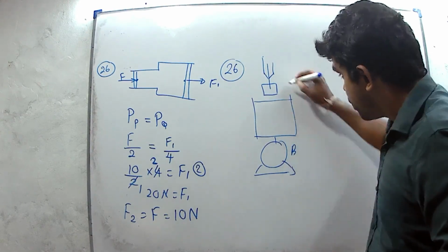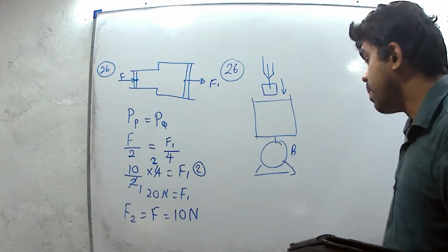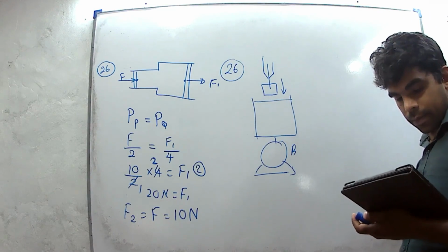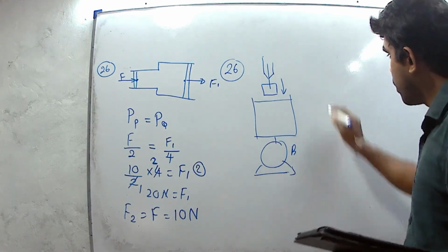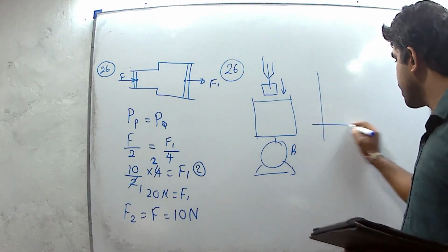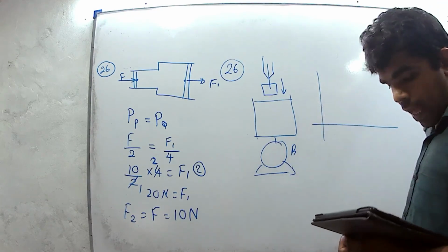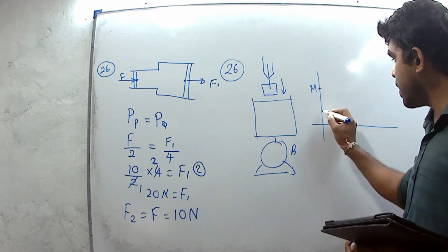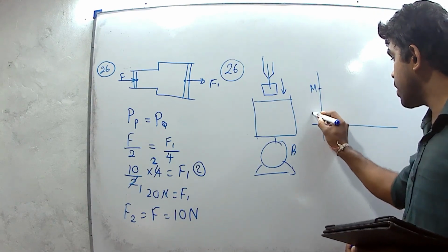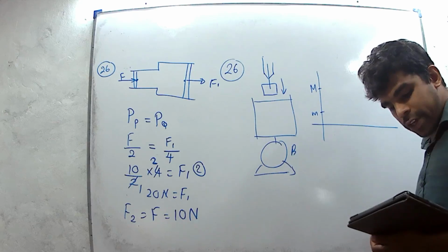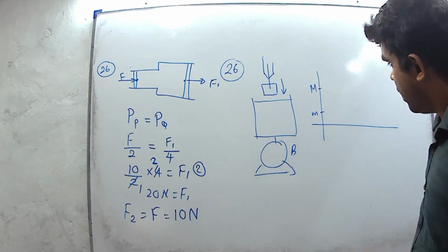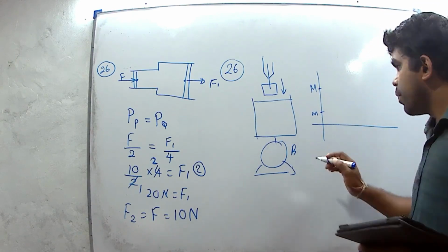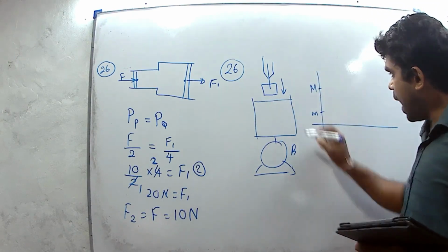Now we have to fully immerse this object in water. For the initial situation, there is a mass reading. Capital M mass is greater than small m mass. It is given in the question. And when immersing this object, we know that there is an upthrust.